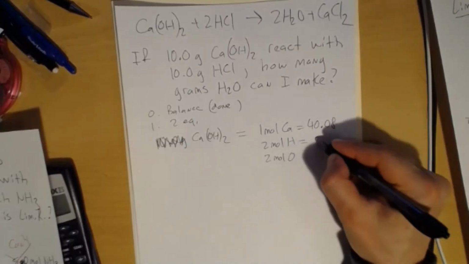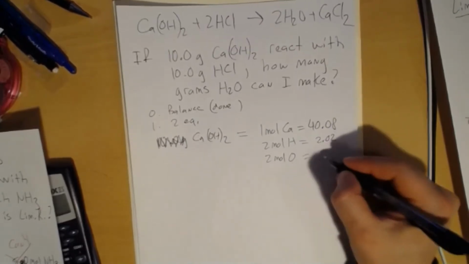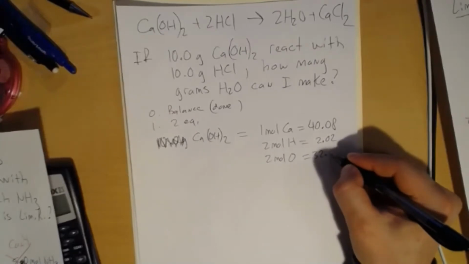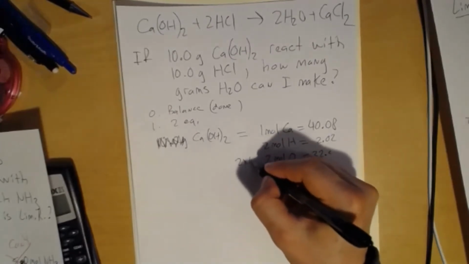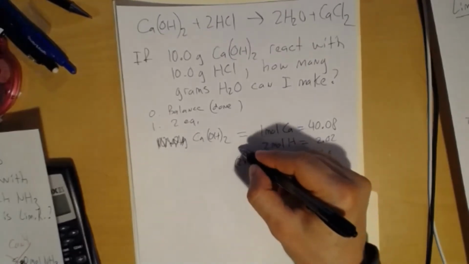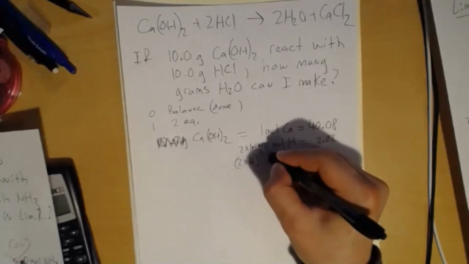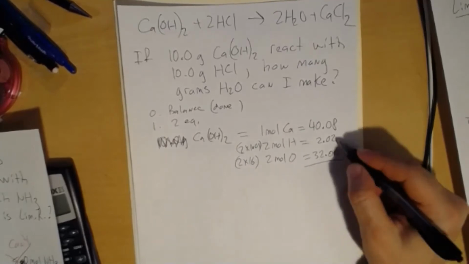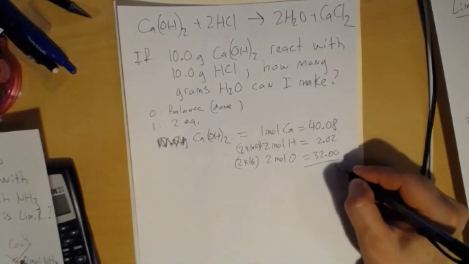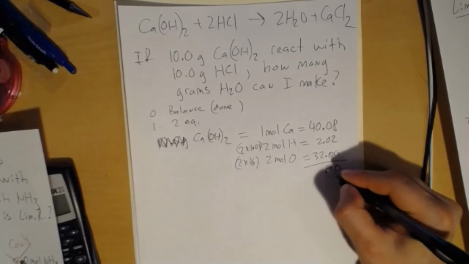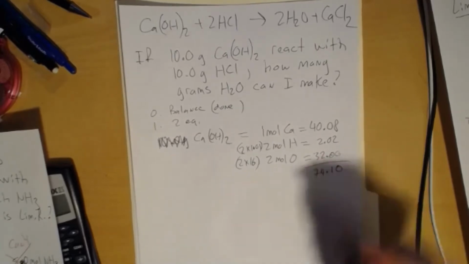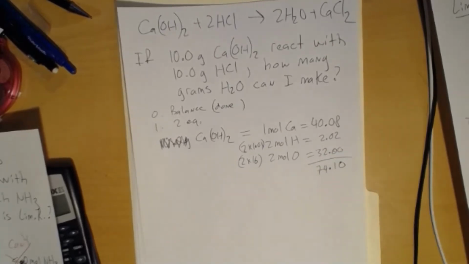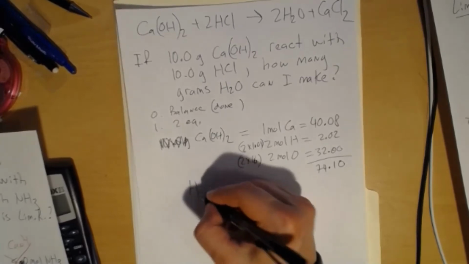So 2 moles of hydrogen is 2.02, 2 moles of oxygen is 32, right? 2 times 16, 2 times 1.01. Okay, so if I add all that up, I get 74.